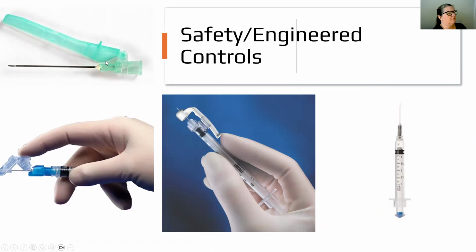This is probably your most common one, the one that flips over. When you're actually giving the injection, this is pushed back. And then right before you dispose of the needle, or right after you take it out of the patient, you literally just flip this little plastic shield over and it snaps over the needle.